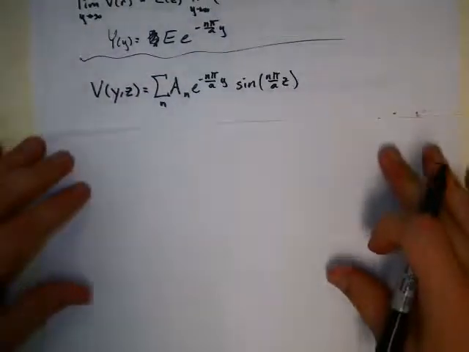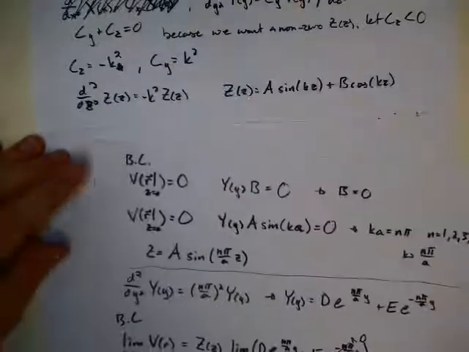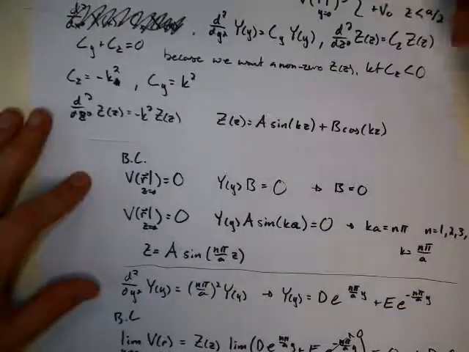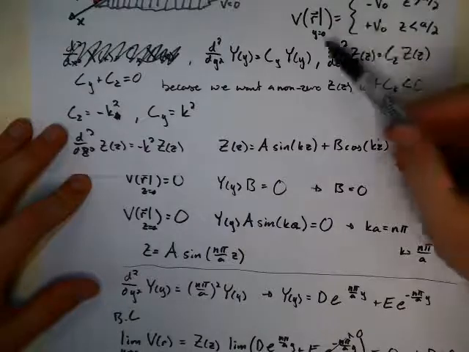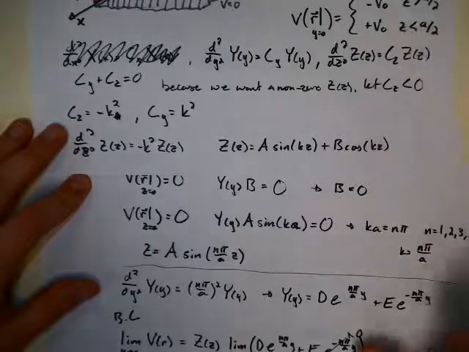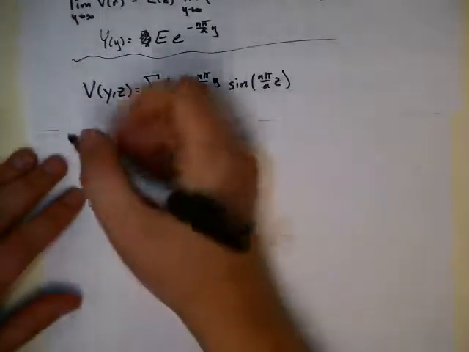At this point, we want to introduce the final boundary condition. The final boundary condition is this one right here, that the potential at y equals 0 has to equal this piecewise function. So keeping that there, I'm going to rewrite this.